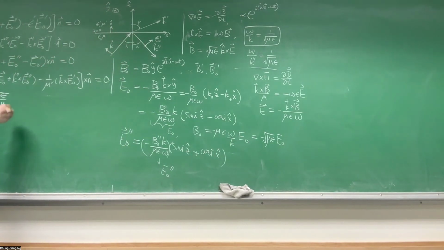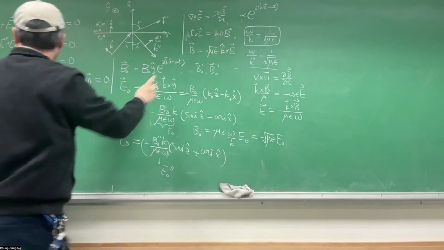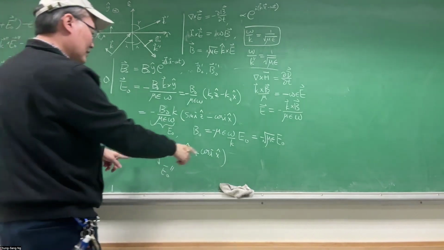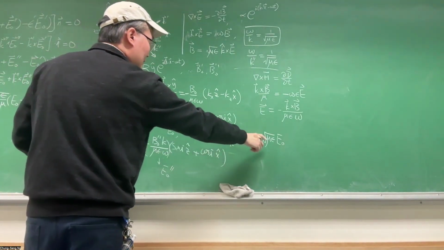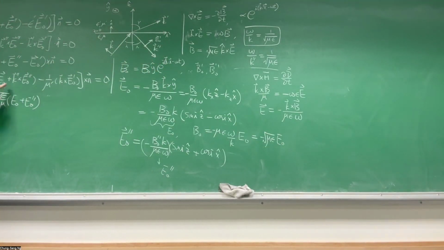So the B0 is E0 plus E0 double prime. Right? Because this is just omega times B0, omega cancels. But both of them are of the same form. B0 is this one. So B0 double prime is this one multiplied by E0 double prime. They have the same form. Add up. Okay.